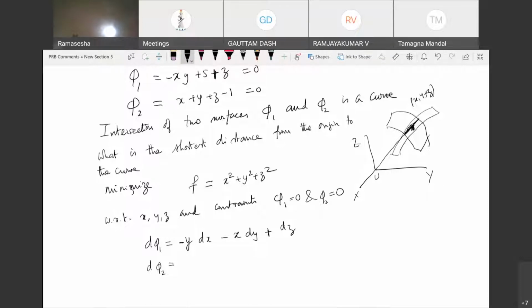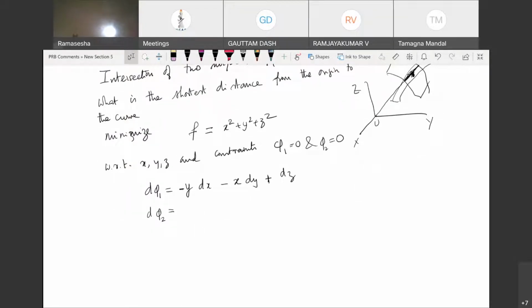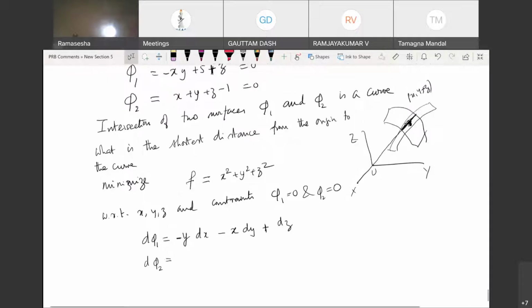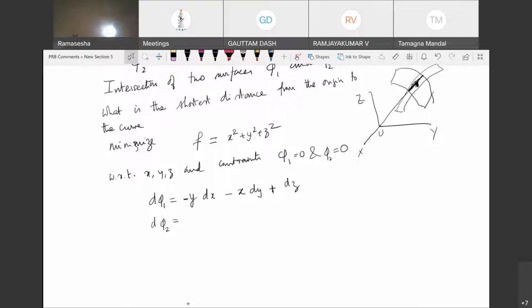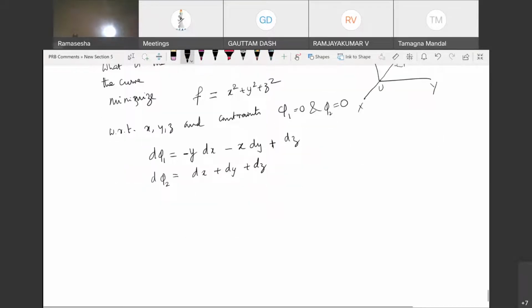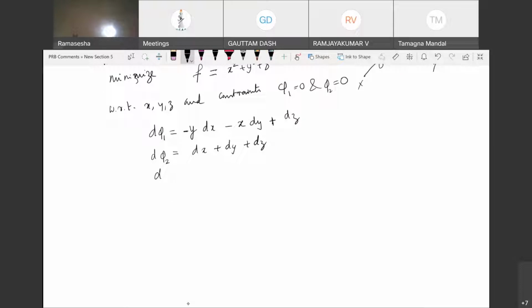And what is dp2? x plus y plus z minus 1 equal to 0, so that is dx plus dy plus dz. Okay, so that is dp2, and df is 2x dx plus 2y dy plus 2z dz.